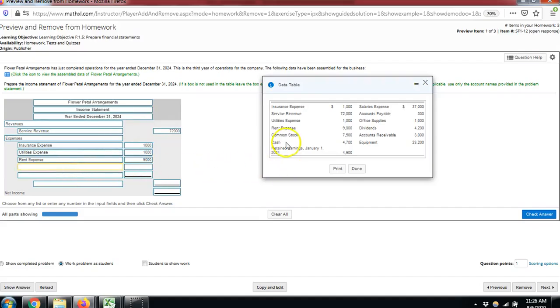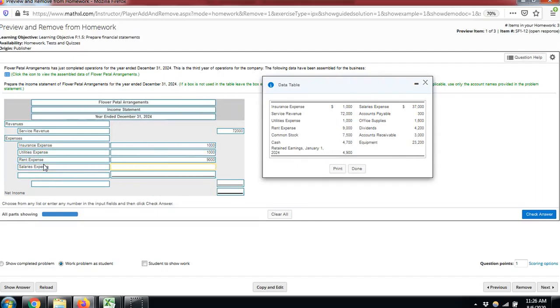Okay, what else? Anything else? No. Common stock? No, that's going to go on the balance sheet. Cash is going to go on the balance sheet. Retained earnings is on the balance sheet. Okay, so salaries expense, here we go, 37,000. Accounts payable? No. Office supplies? No, that's an asset. Okay, so I think we have all of our expenses here.